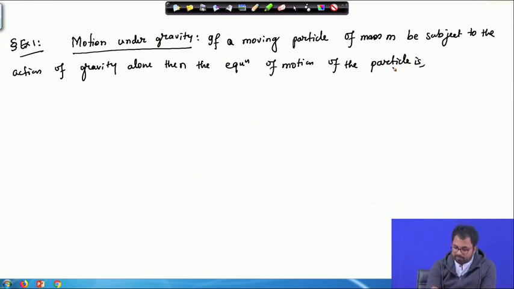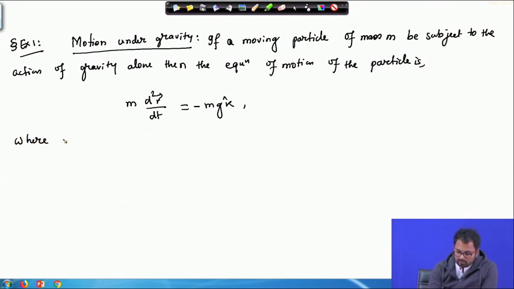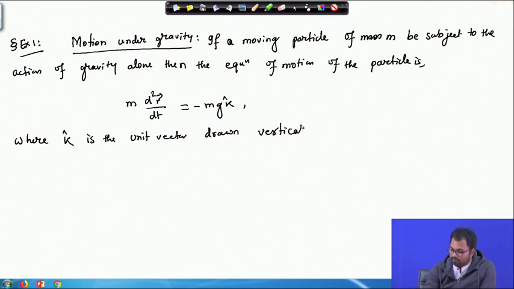The left hand side is m times d square r by dt square, and the right hand side is minus m g k, where k is the unit vector drawn vertically upwards.